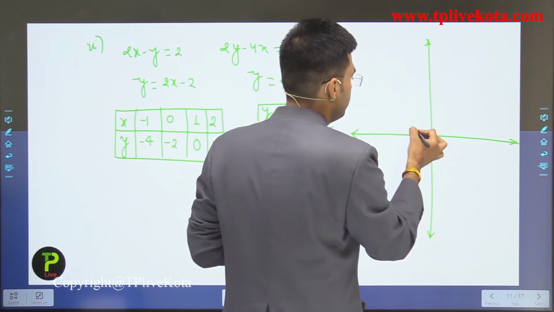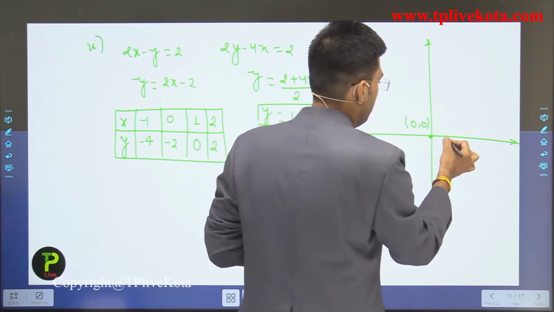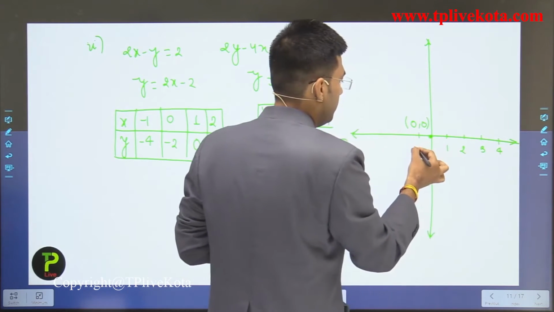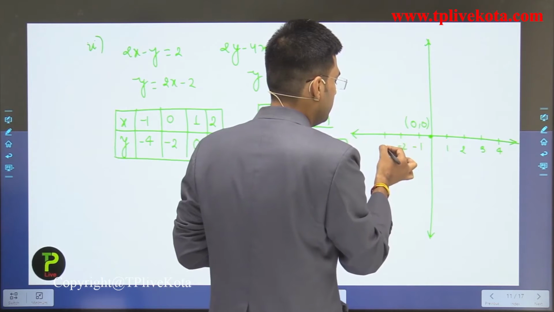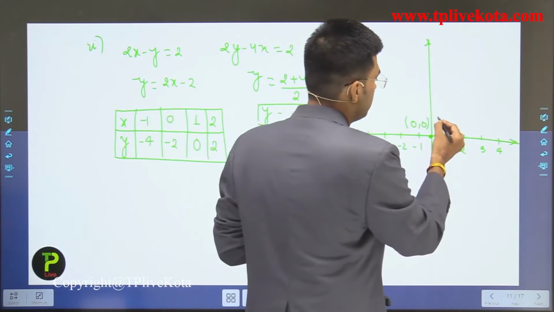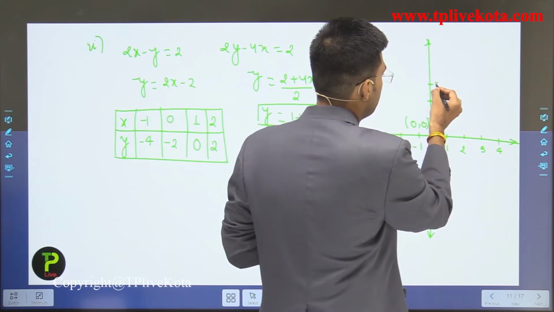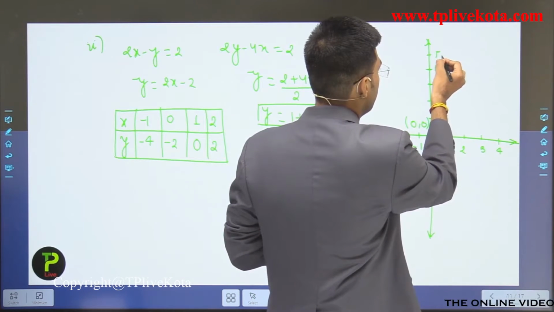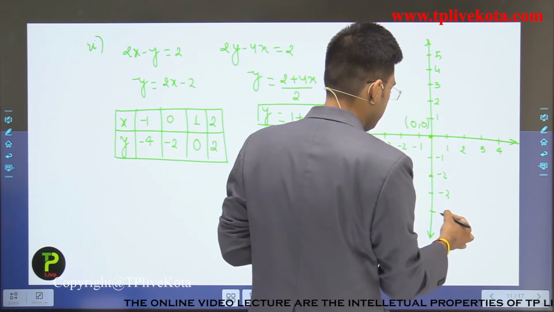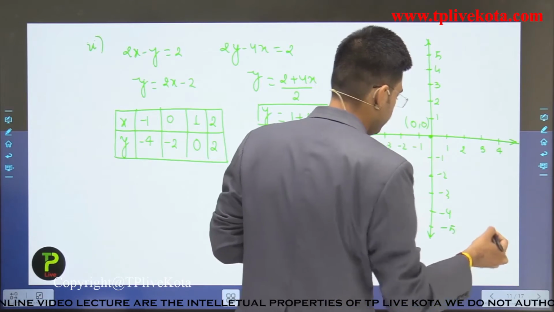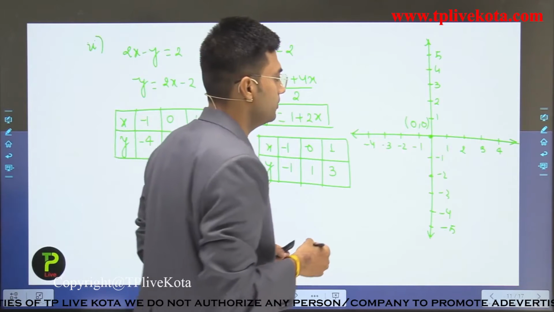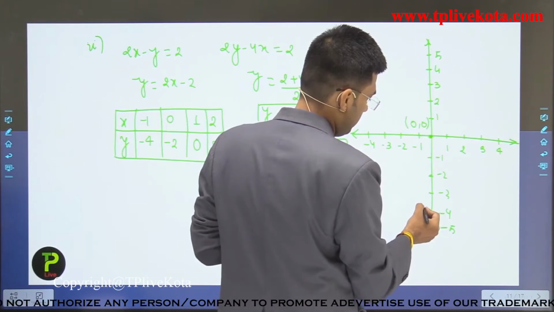This is origin 0 comma 0, 1, 2, 3 and 4, minus 1, minus 2, minus 3, minus 4, and this is 1, 2, 3, 4, 5, minus 1, minus 2, minus 3, minus 4, minus 5. Clear? Now minus 1 comma minus 4.